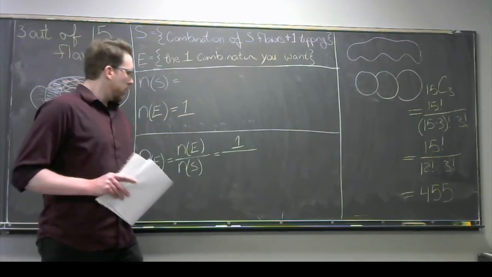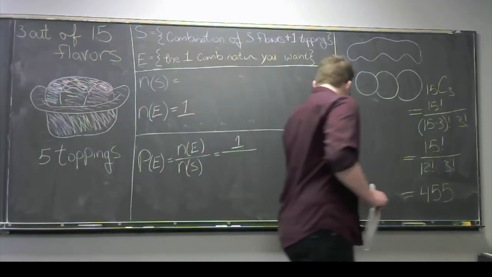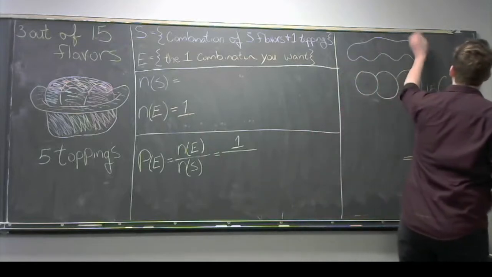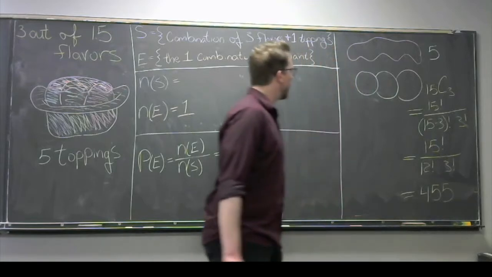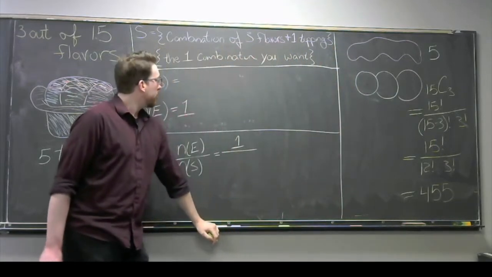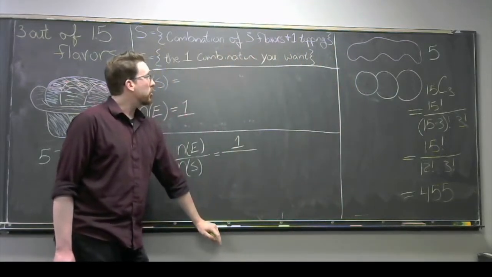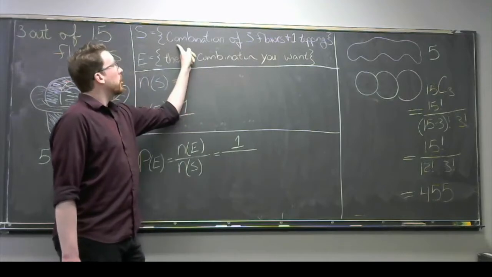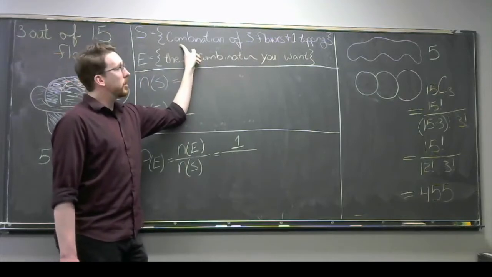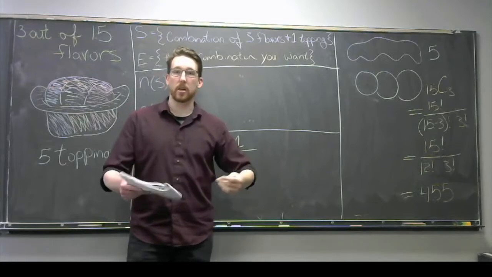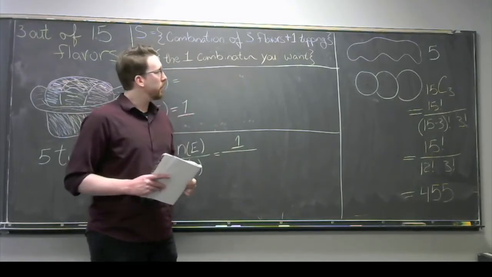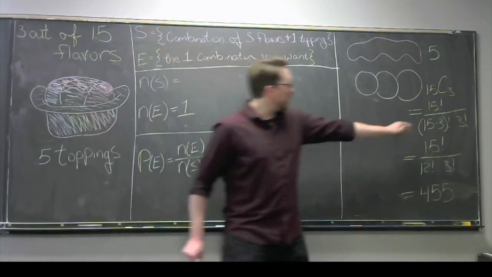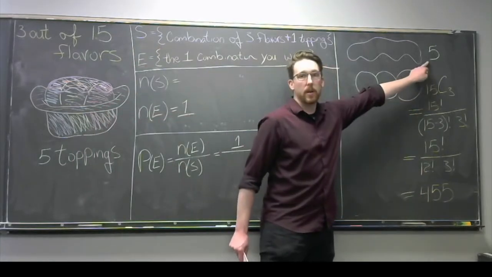All right? We also have 5 different toppings that we can choose from. So to find out the size of our sample space, because of the fundamental principle of counting, we have to multiply 455 by 5, right?